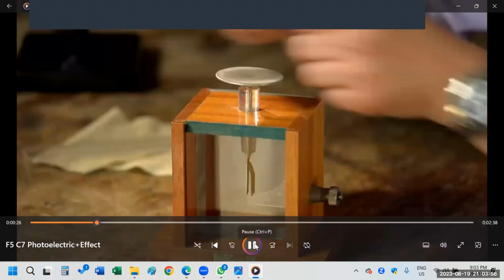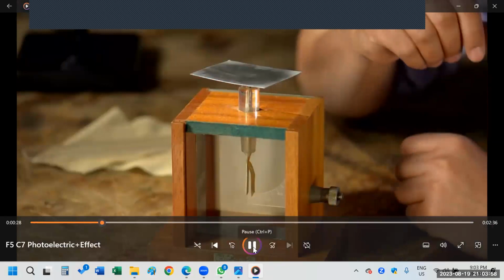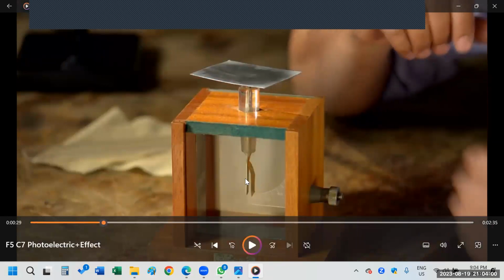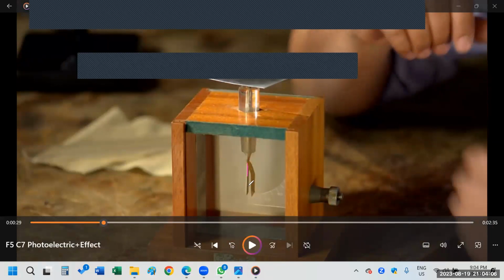I then place the plate on top of this gold leaf electroscope. Now this is brass and this is gold leaf. It's not charged, because plus minus minus plus plus minus minus plus is neutral, so it doesn't move.